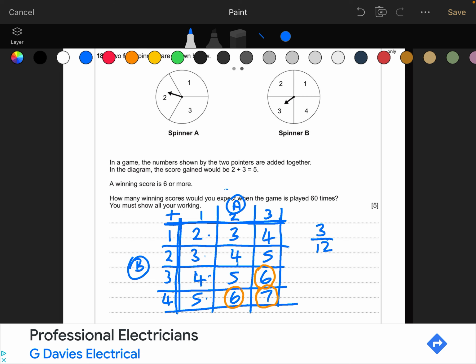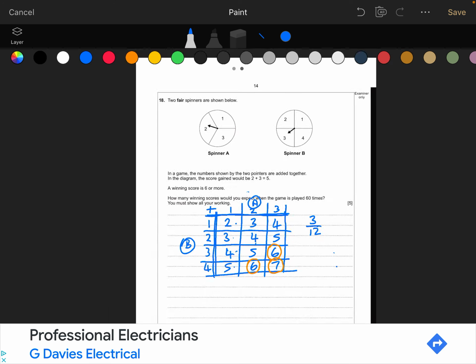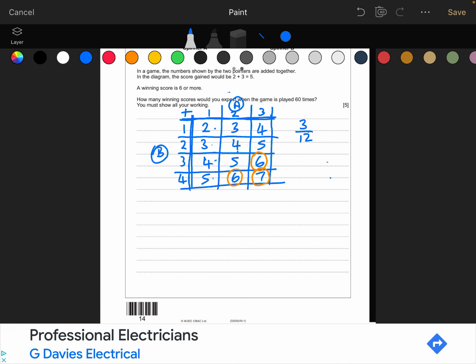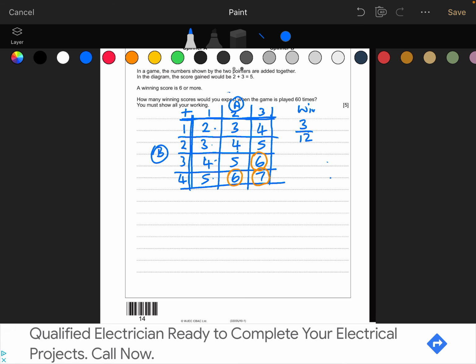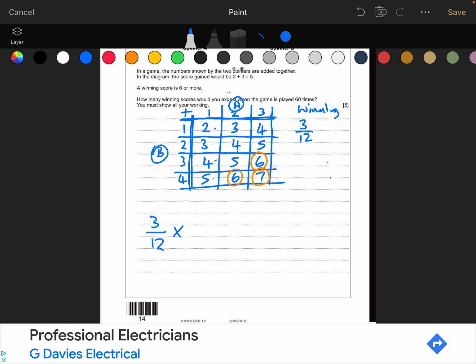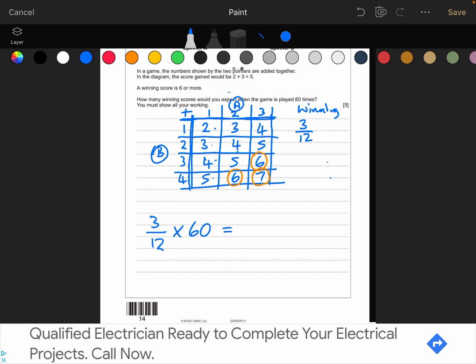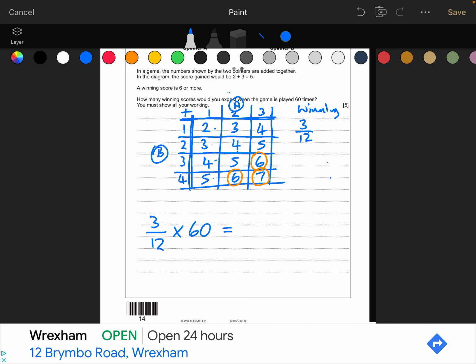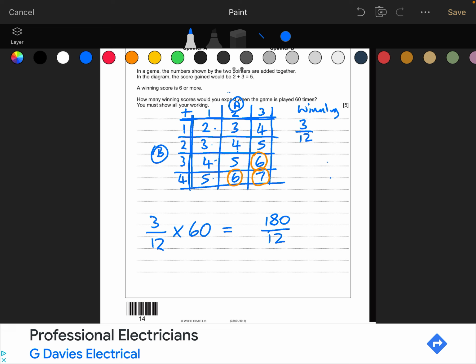And if we're going to play the game 60 times, then the chances of winning are 3 over 12. That's the probability for doing it on one go, times by the 60 goes that we're going to have. Okay, so 3 times 60 is 180, and we're dividing that by 12.